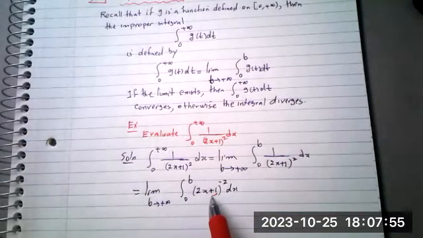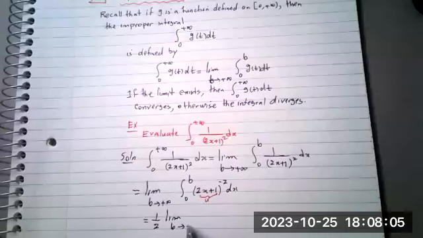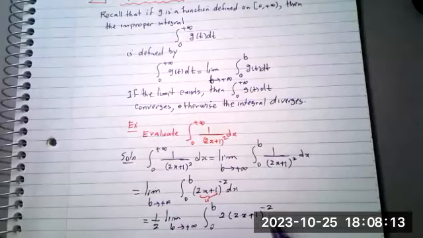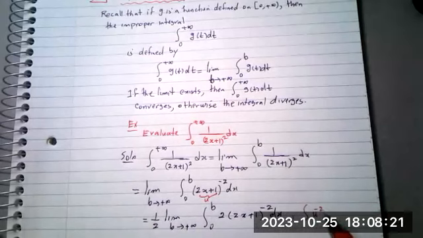If you take the inside to be u, u prime would be 2, so I needed 2. What I do is divide the outside by 2 and multiply the inside by 2, so 2 times (2x plus 1) to the negative 2 dx. So I have u du, which is going to be like the integral of u to the negative 2 du.